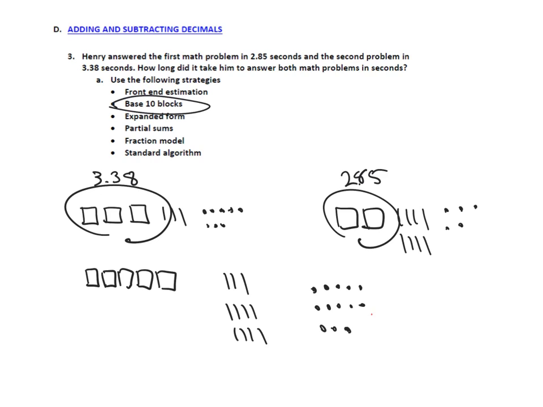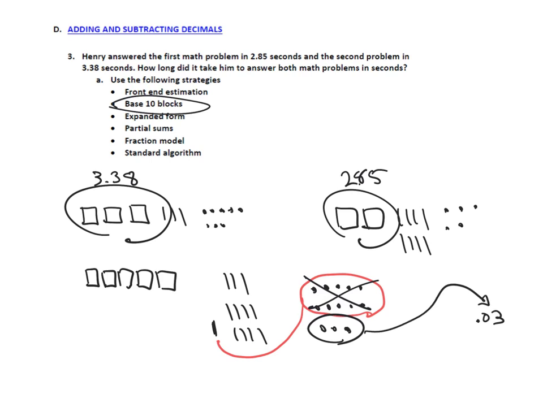Let's do some trading in. So these 10 here will come over here and create a new long. And then I've got 3 hundredths remaining. And then here I've got 4, 5, 6, 7, 8, 9, 10, 11, 12 of these. So I only need 10 to create a flat. So here's 1, 2, 3, 4, 5, 6, 7, 8, 9, 10. So all of these are now going to make a flat.